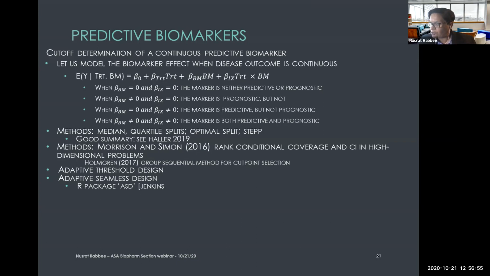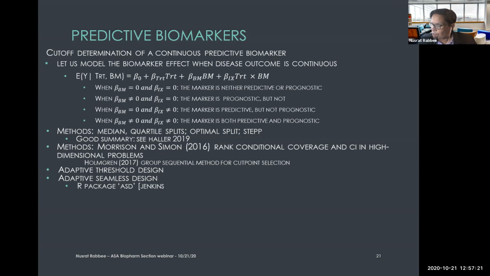Usually you want to look at the interior between the 20th and 80th percentile of the biomarker. Don't want to be in the extremes, and see where you're going to split it. I've given code for the bootstrap method, R package RCC, that gets not only the threshold where the treatment effect is the highest, but also a confidence interval around the threshold.